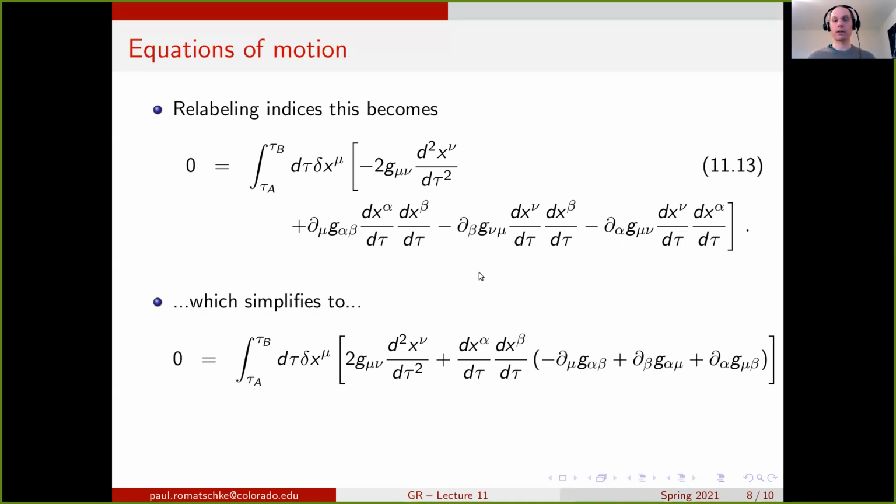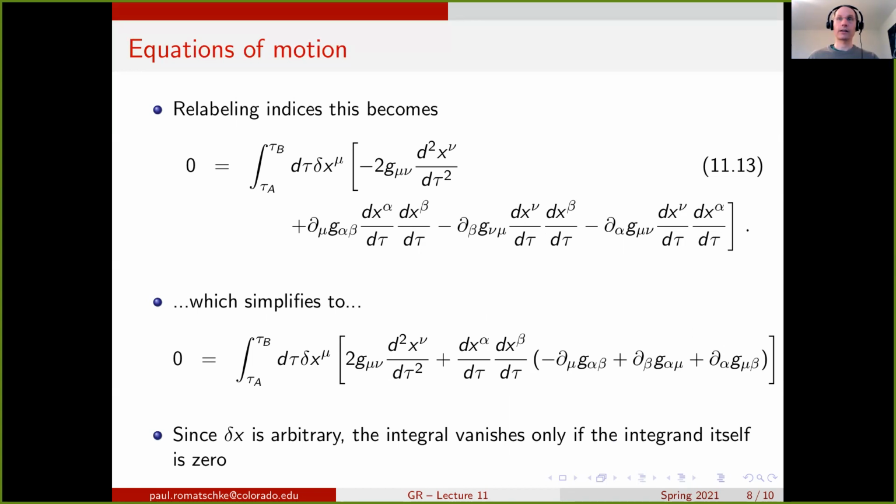We can simply rewrite this again and write it in the following form, where now we have a second derivative with the metric and collecting all terms that have two derivatives of coordinates with respect to proper time, and then we get some coefficient that is multiplying these two derivatives.